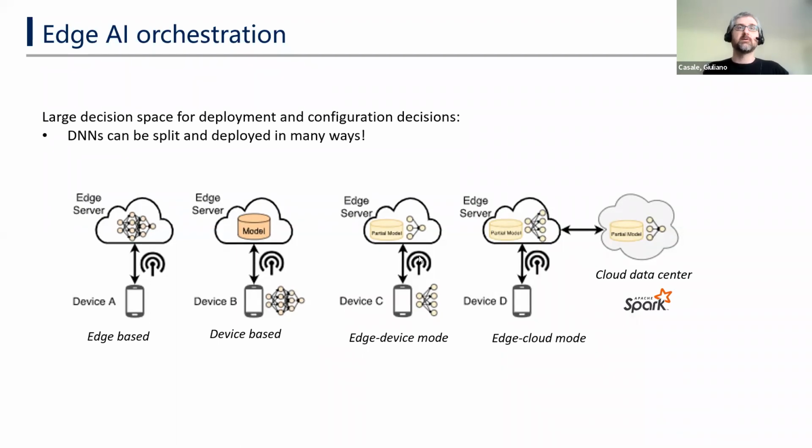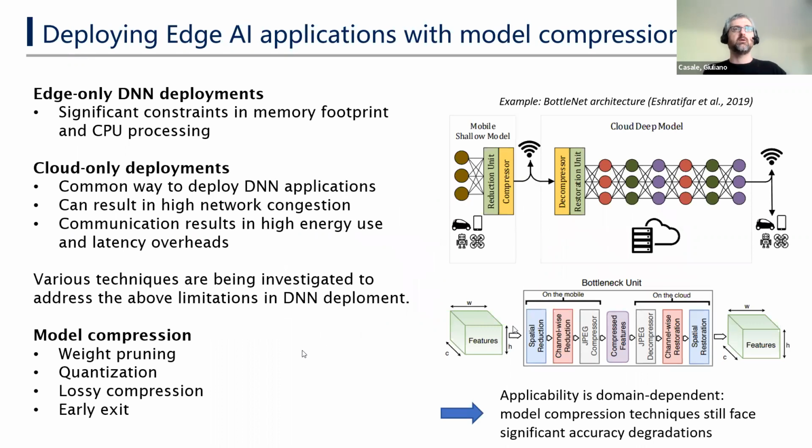Or you could split the neural network between the edge broker and the device, or split it between the edge broker and, say, the cloud backend. So you can access more compute capacity, but there is a question then, how do I split a neural network? And this is a new dimension for performance engineering, where you need to reason on also the deployment of the parts of your neural network.